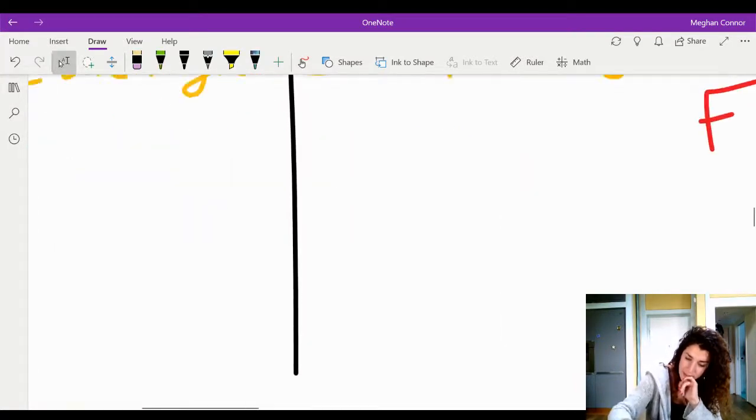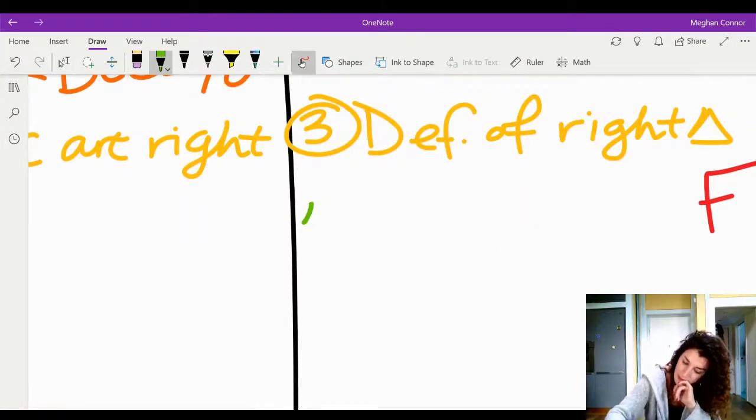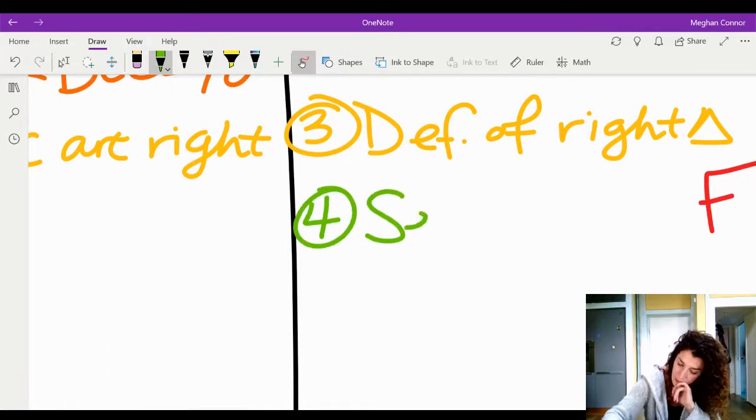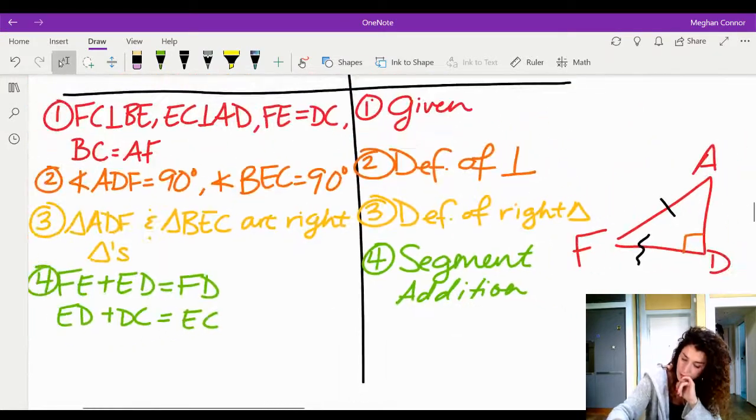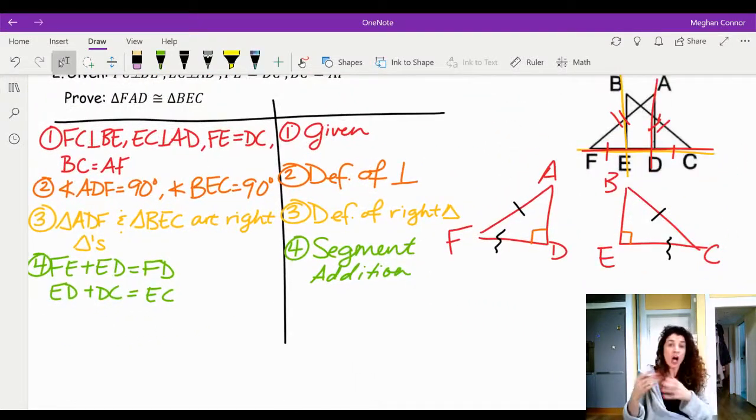And that's just segment addition. So now I've talked about FD and I've talked about EC, but I've talked about them in 2 separate equations. And now I want to be able to bring them together and have them in the same equation, which means I need to find a bridge or a substitution or a transitive property of equality that will bring them all together.